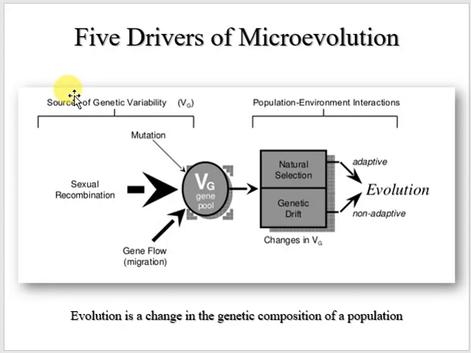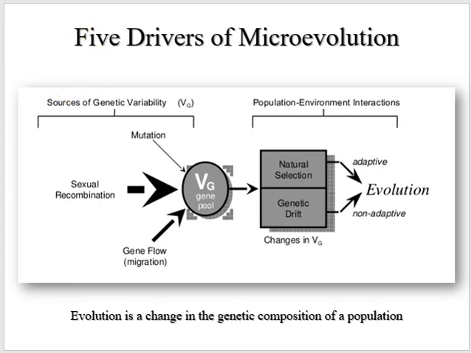We have, as we'll talk about, either neutral mutations, some may be harmful and others may be beneficial. But these mutations introduce new alleles into the population, and those new alleles can then be established in the gene pool. Right, so that's a quick and dirty overview of the 5 drivers of microevolution.